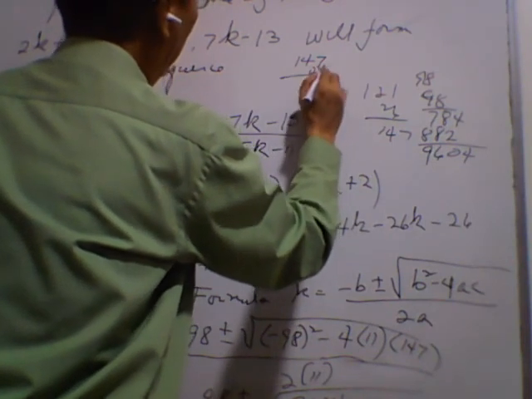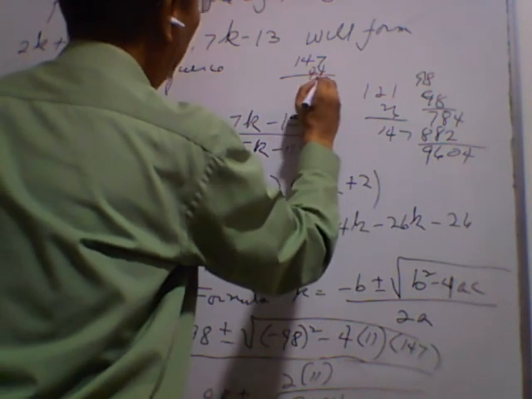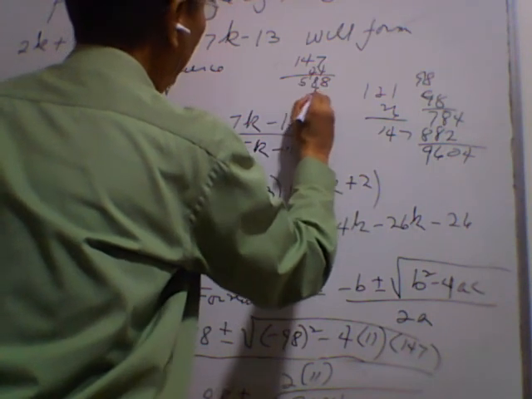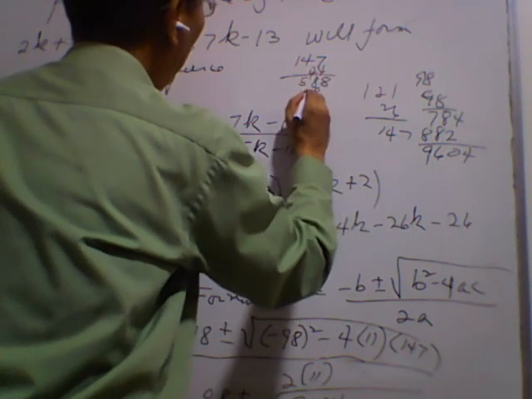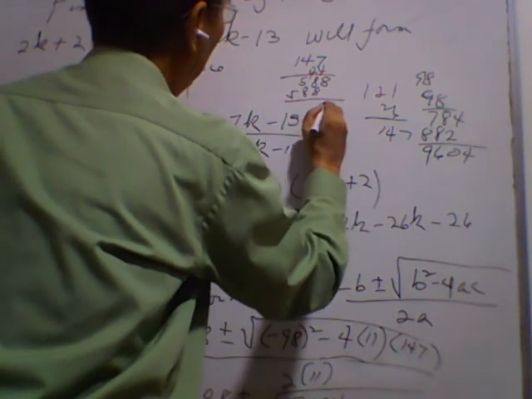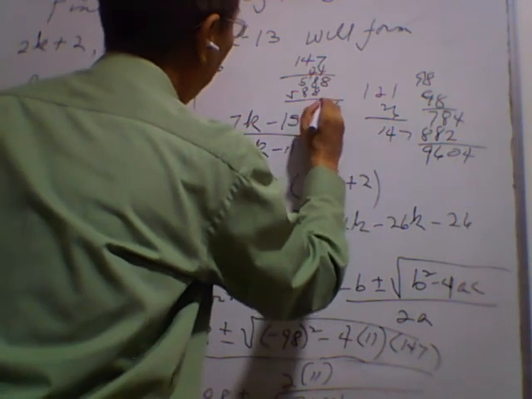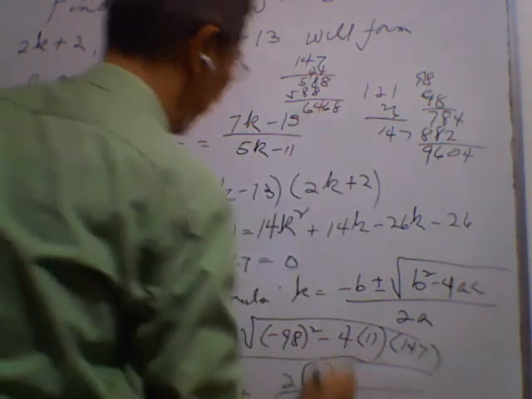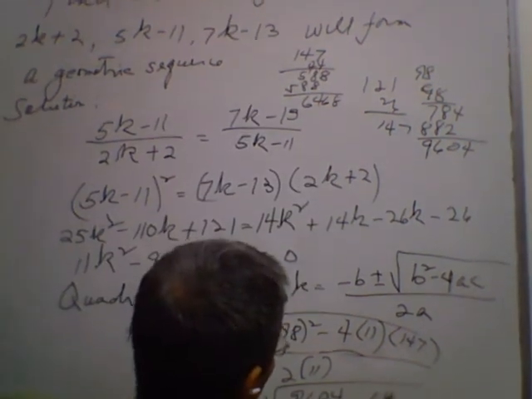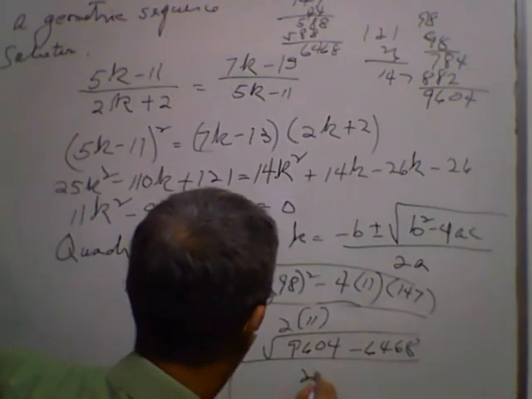So 28 carry 2, 18 carry 1, 5, 28 carry 2, 18 carry 1, 5 again. So 68 carry 1, 14 carry 1, 6, 6468. So minus 6468, all over 22.